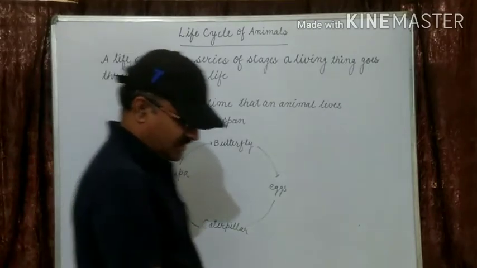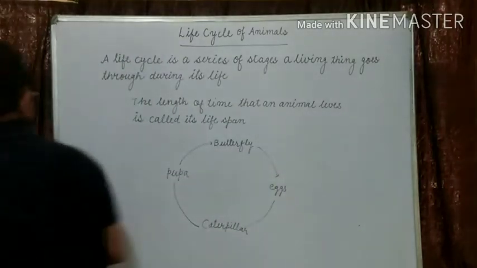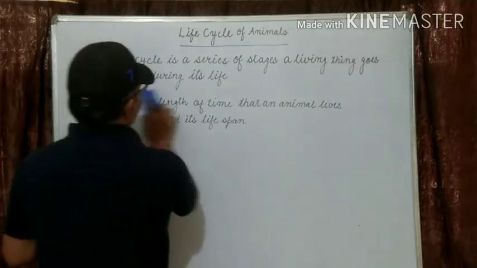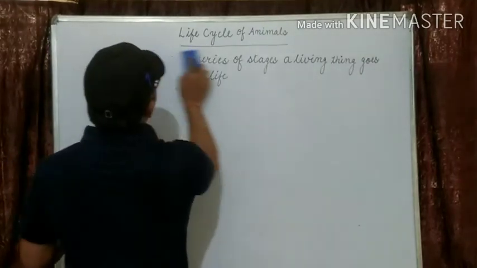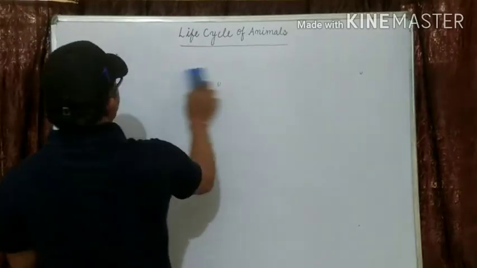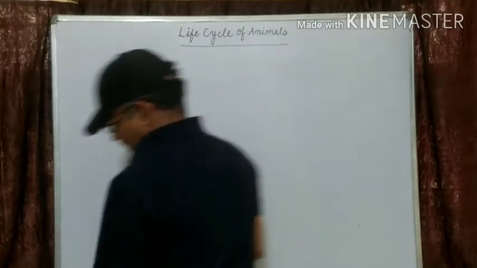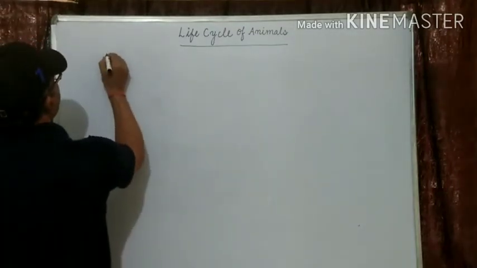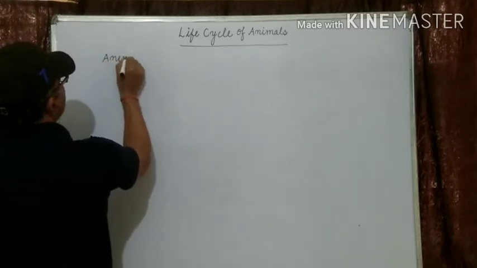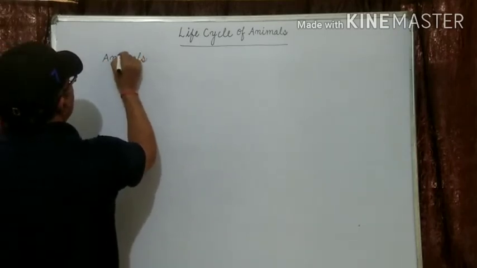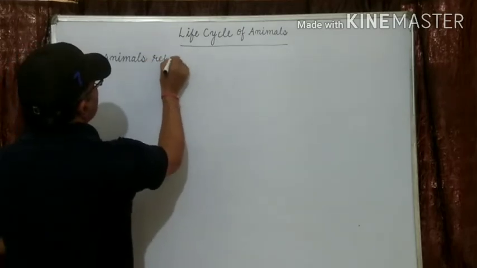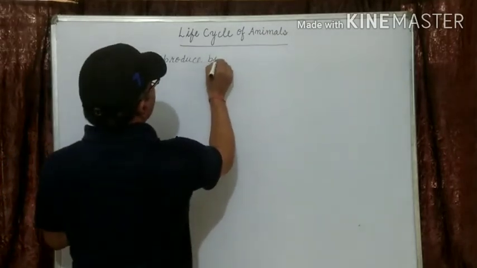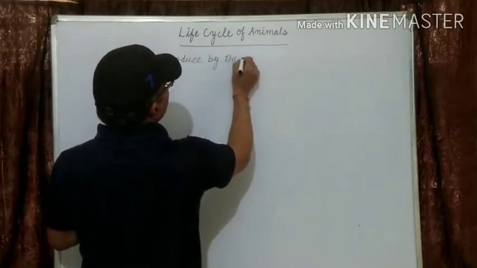Animals reproduce by the following ways.